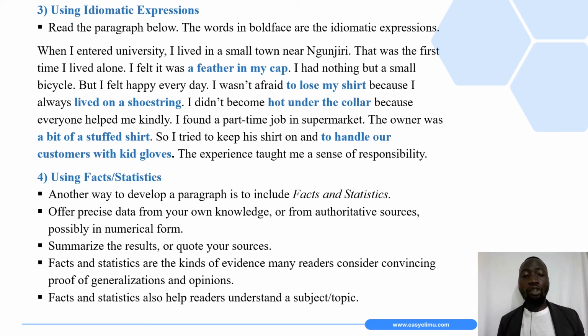Another thing that you can do is summarize the results or quote your sources. Apart from that, facts and statistics are the kinds of evidence many readers consider convincing proof of generalizations and opinions. So make sure that some of the facts and statistics that you use help readers understand a subject or a topic under discussion.